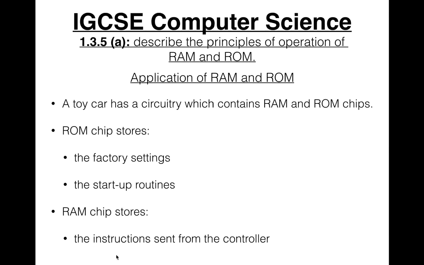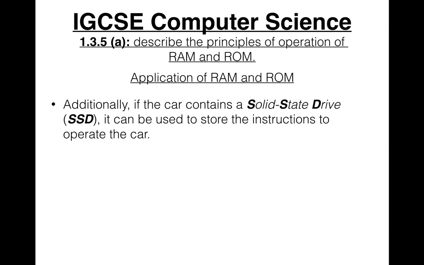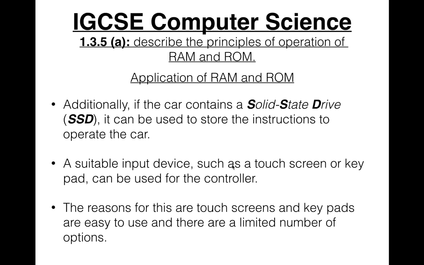The RAM chip stores whatever is currently being used, so the instructions sent from the controller. There's nothing much more to know, but hopefully you get an understanding of how this works. And as for the solid-state drive, you're going to learn about how solid-state drives work in 2 videos from this one, so I'm not going to talk about that.